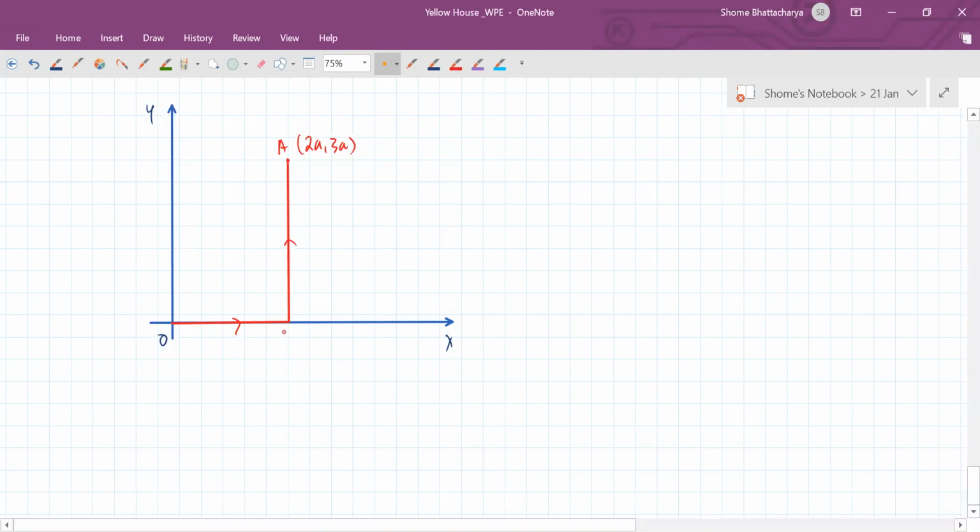Let me introduce an intermediate point over here, B, which has the coordinates 2a comma 0.